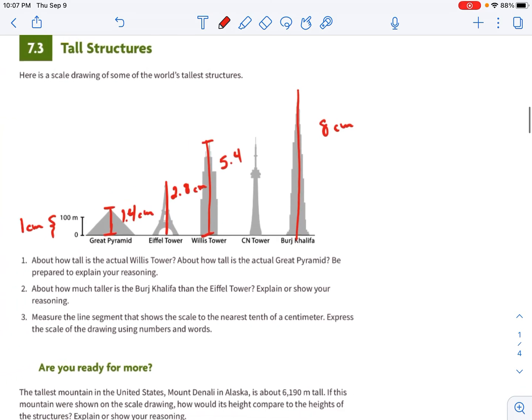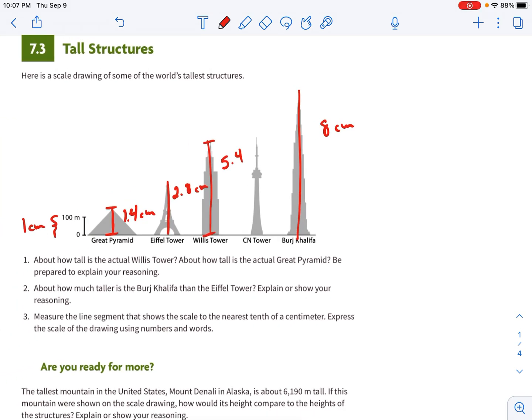So 100 times 5.4 equals 540. All right, the Great Pyramid. We're going to do the same thing. We multiply what we measured by 100. So 1.4 times 100 equals 140.